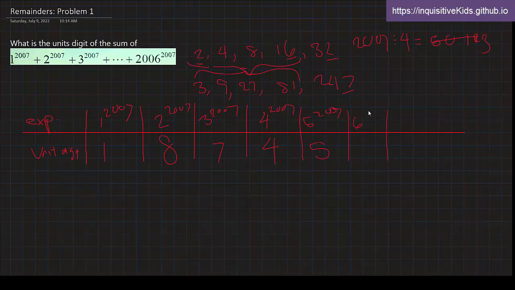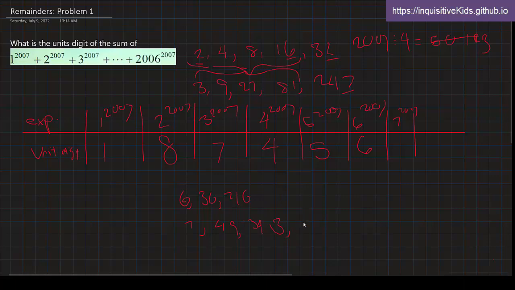Now let's look at 6 to the 2007th power. So far over in this table, we don't have any repetition yet. 6, 36, 216, all sixes. What about 7 to the 2007th power? 7, 49, 343, and then we just know that the next has a unit digit of 1.